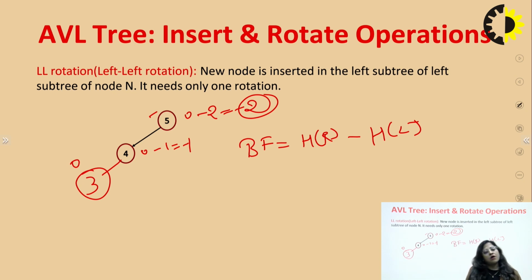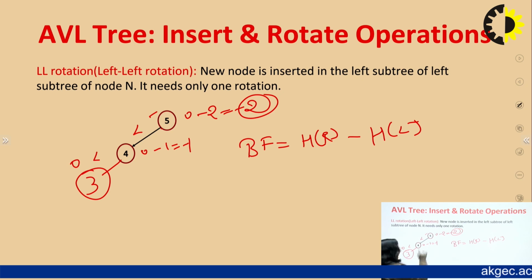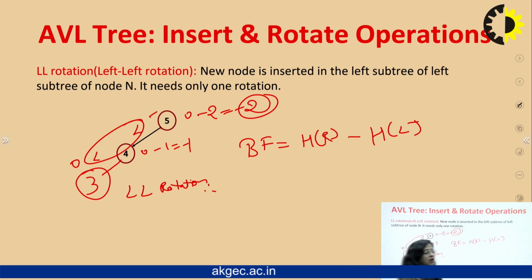Now check which type of rotation is required in this scenario. Let's suppose we take the example here. This 4 comes to the left side of 5, and 3 comes to the left side of 4. So this is LL rotation, and according to LL rotation we need a clockwise rotation.